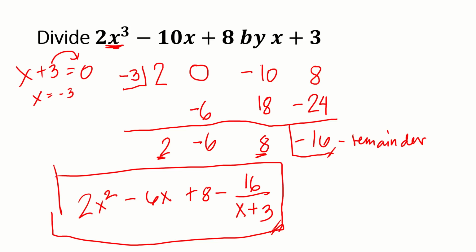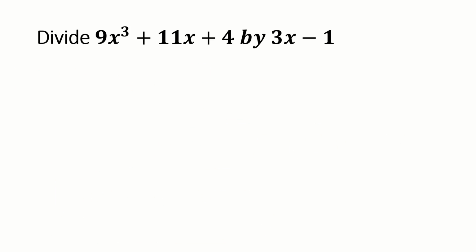Okay po, the next two examples po ay gagamit ng fractions. So, listen carefully po ha, grade 10. So, we have divide 9x cubed plus 11x plus 4 by 3x minus 1. So, we will have 3x minus 1.